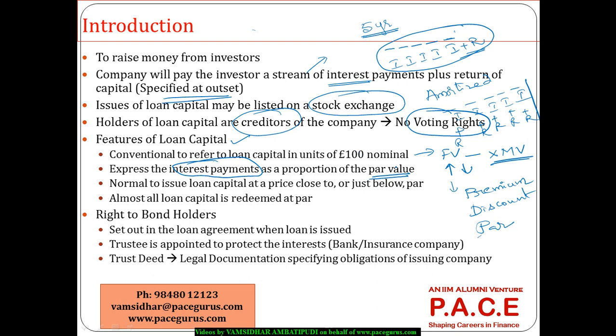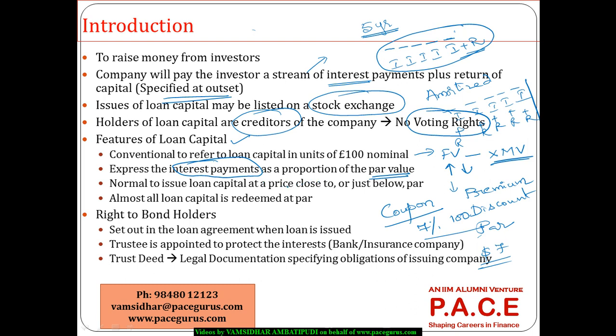Whatever the interest is, generally we use the word coupon for the interest. It is established as some percentage of the par value. When I say 7% and the par value is 100, it means every year $7 is being paid in the form of coupon, and the par value is normally paid on the maturity.